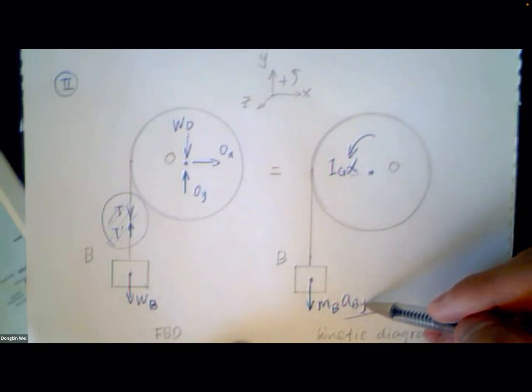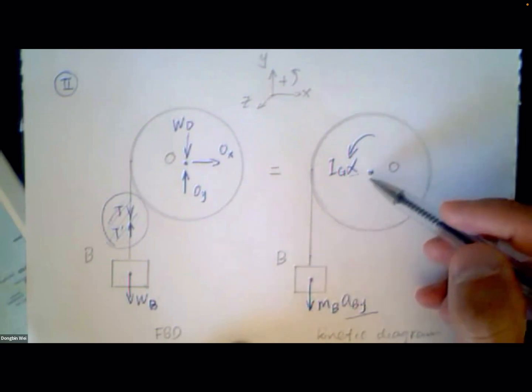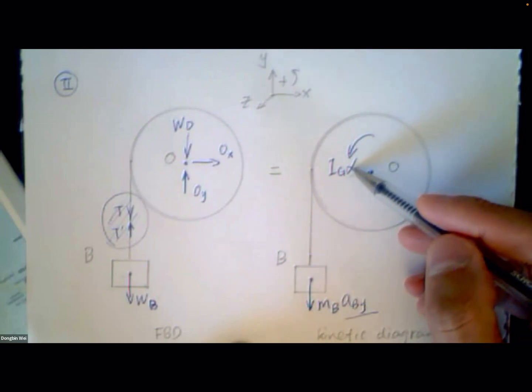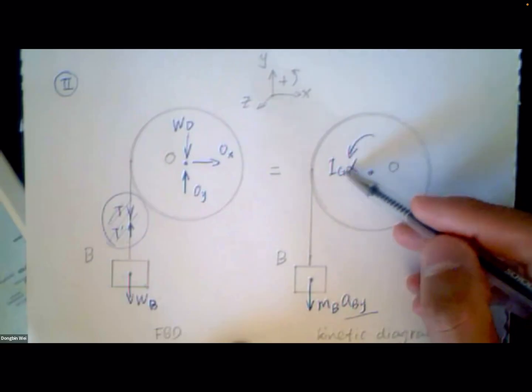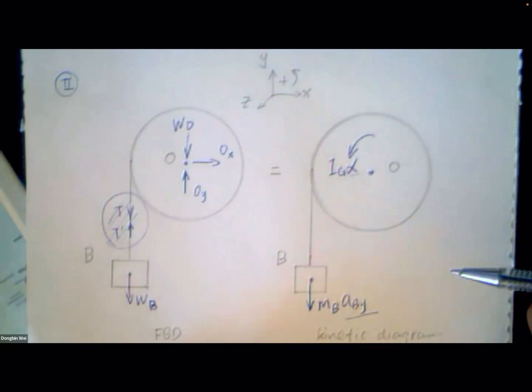So if a_By is downward, then you know this alpha should be counterclockwise. Okay? So that's the diagram for the second solution by considering these two rigid bodies in a system.